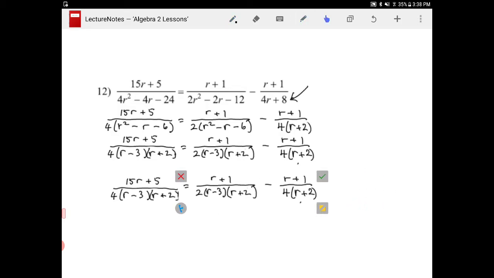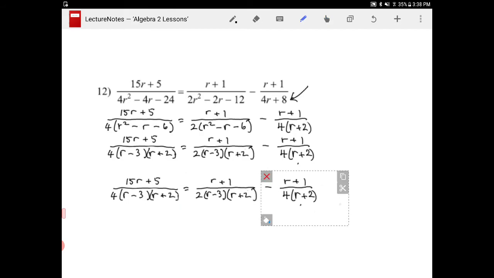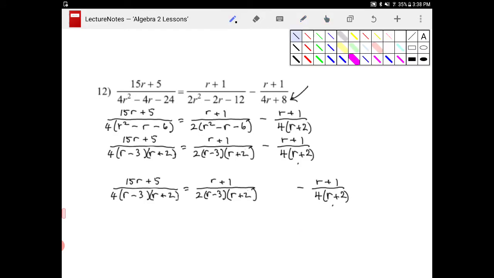So this is good. What I'm missing from the second fraction is a 2. What I'm missing on the third fraction is an r minus 3. There you go. That makes a whole lot more sense.